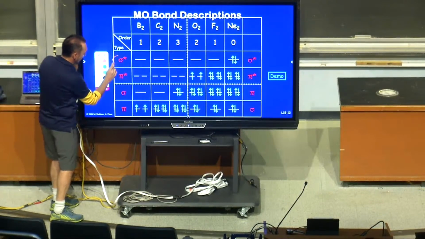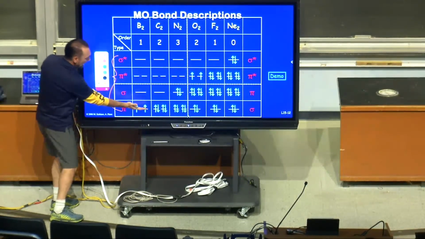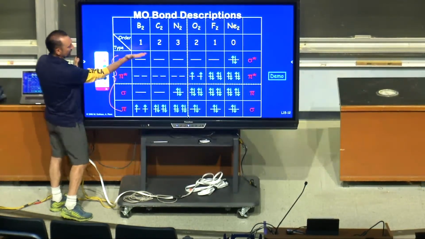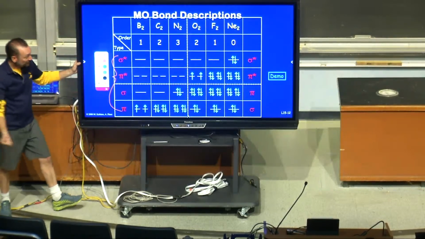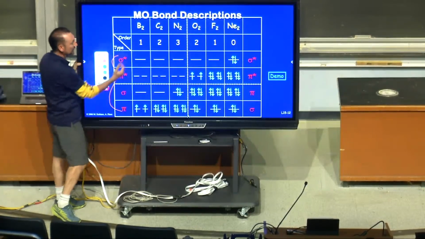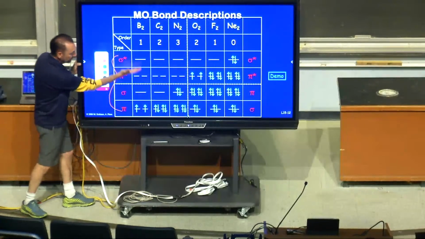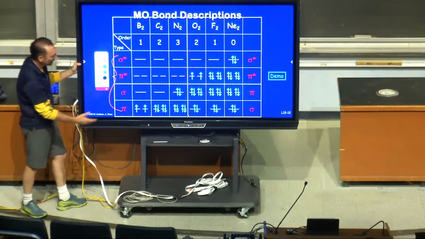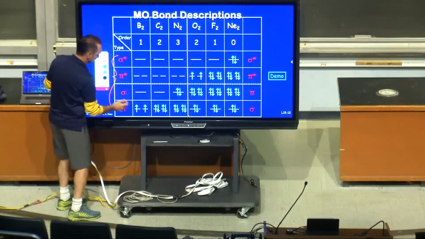This is just a molecular orbital energy diagram. We did it for atomic orbitals. Now we're looking at the molecular orbitals formed from the atomic orbitals, but you fill them the same way.